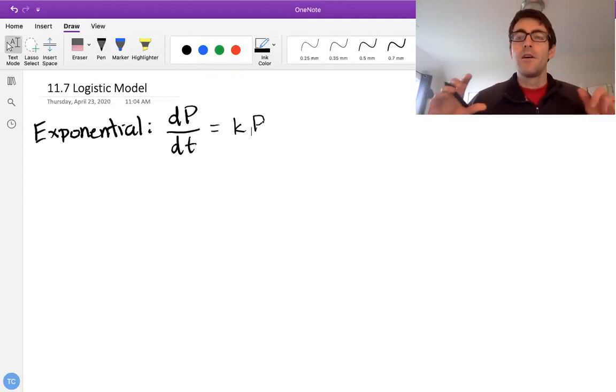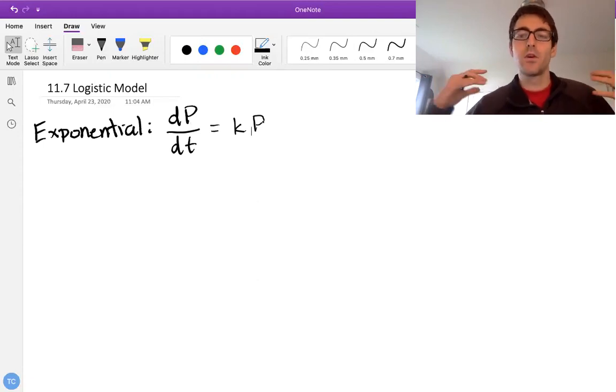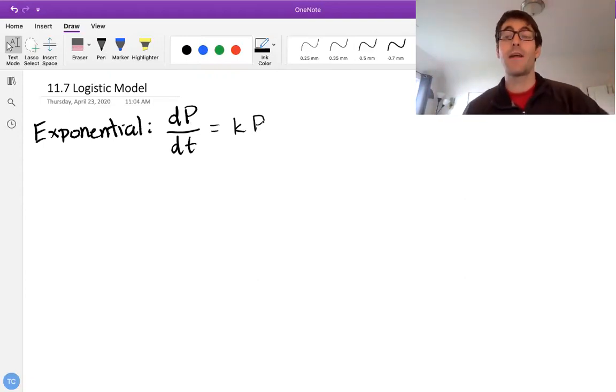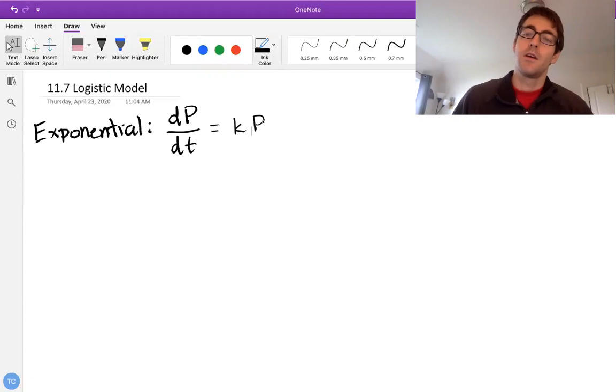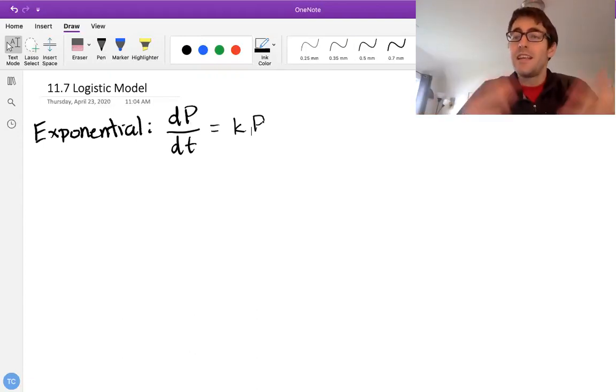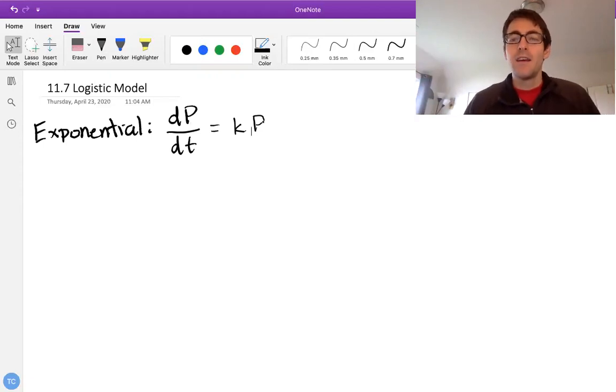If you have $100 in your bank account, that might mean that your bank account is increasing at a rate of $2 a year. If instead you had $1,000 in your bank account, you're increasing at a rate of $20 a year. So if we continued this logic, if you had $1 trillion in your bank account, you're increasing at $20 billion a year.